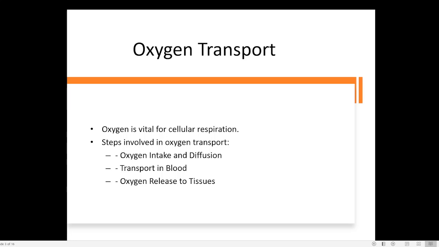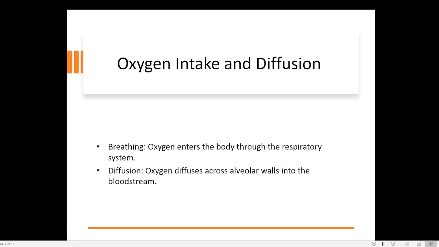So that is why three processes are shown: intake of oxygen and diffusion of oxygen, transporting of oxygen through blood in the form of oxyhemoglobin, and finally releasing the oxygen present in the oxyhemoglobin to the cells and tissues. So these are the events in the oxygen transport.